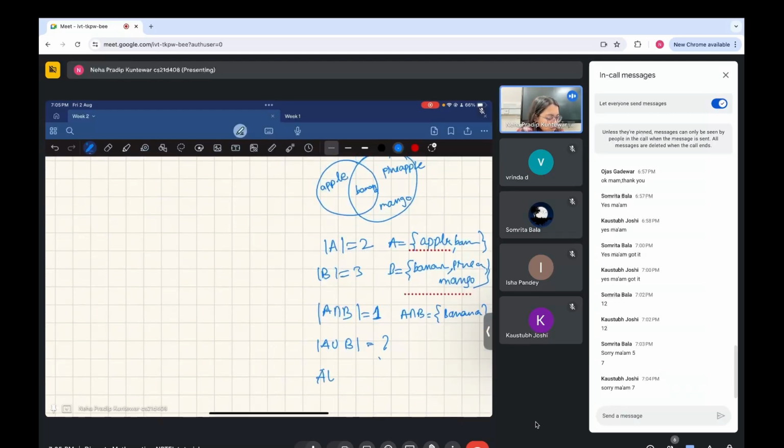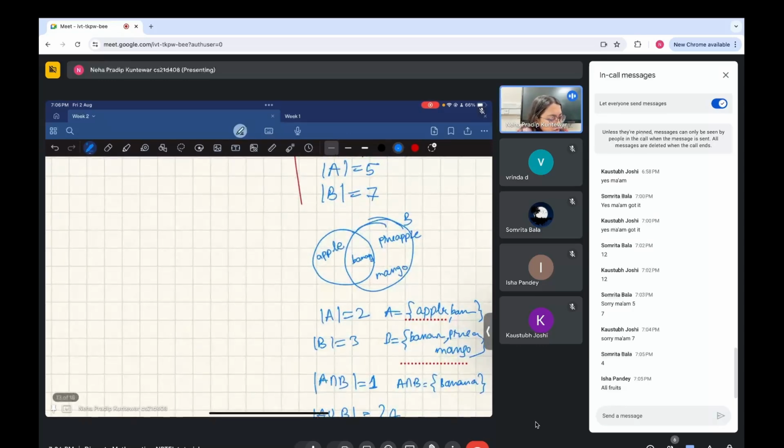What does A union B look like? I see some answer. The answer is 4, which is correct. So A union B is apple, banana, pineapple, and mango, and there are precisely four elements here. So the answer is 4.